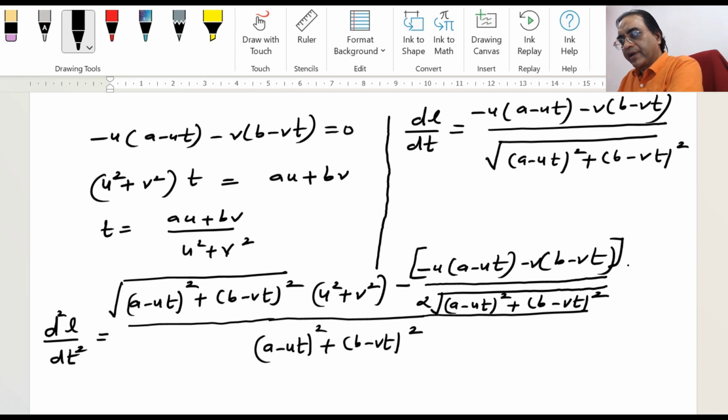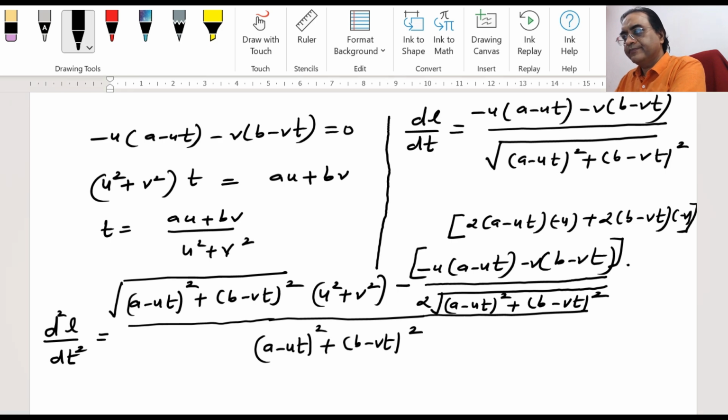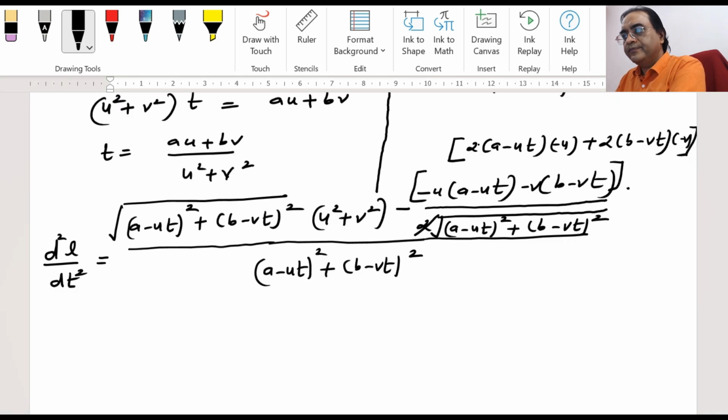This is multiplied by one more bracket, which I will write here, the derivative of this inside the root only. That's it. Again, 2, 2, 2. Gone.